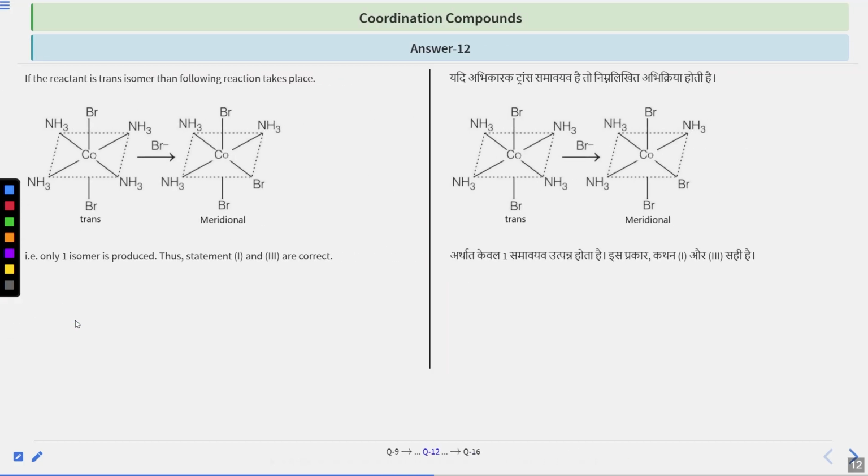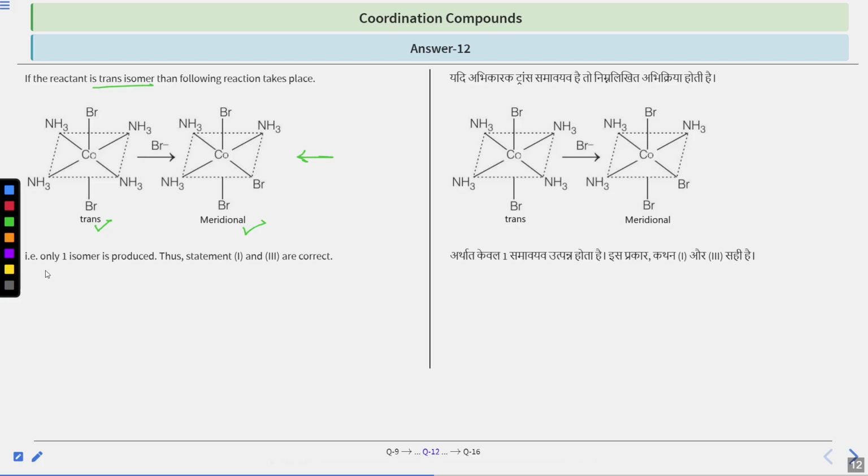So you can say that if the reactant is a cis isomer, it will produce 2 isomers. And if the reactant is a trans isomer, then the following reaction takes place. We just put the complex in the trans form. So Br is opposite to each other, you can see. This is the trans form of the reactant. When it reacts with the bromine negative ion, it will form the meridional isomer.